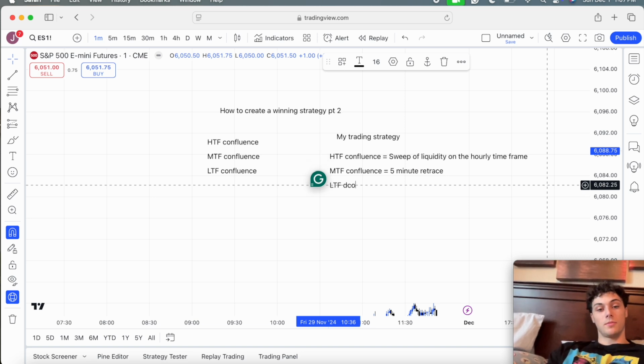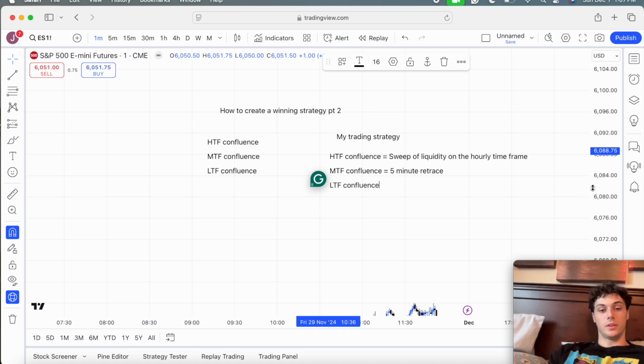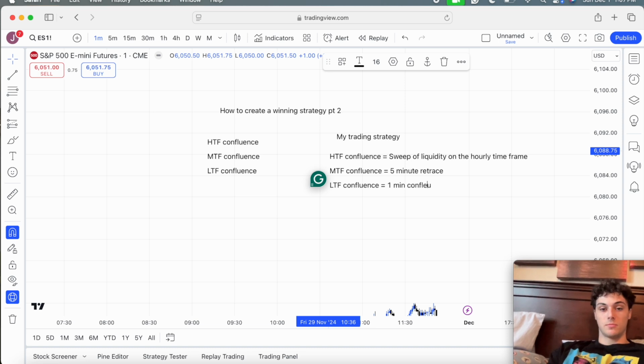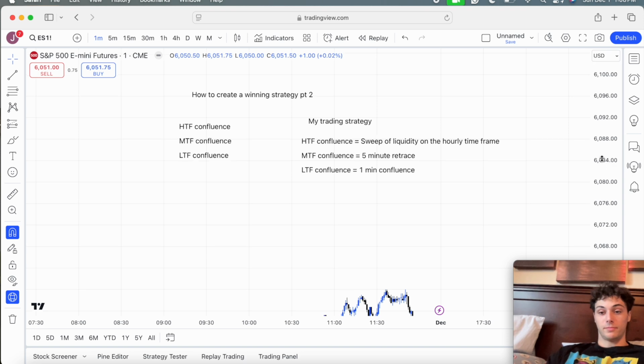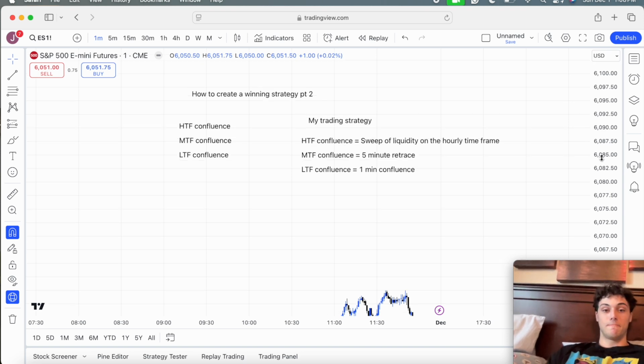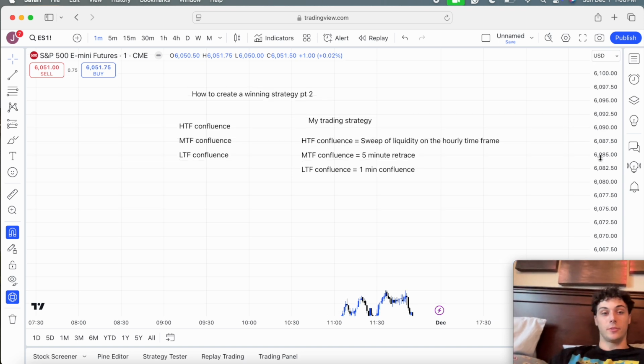Low time frame confluence is 1-minute confluence of anything. So that's my strategy. It's very simple. And yeah, let's get right into it.